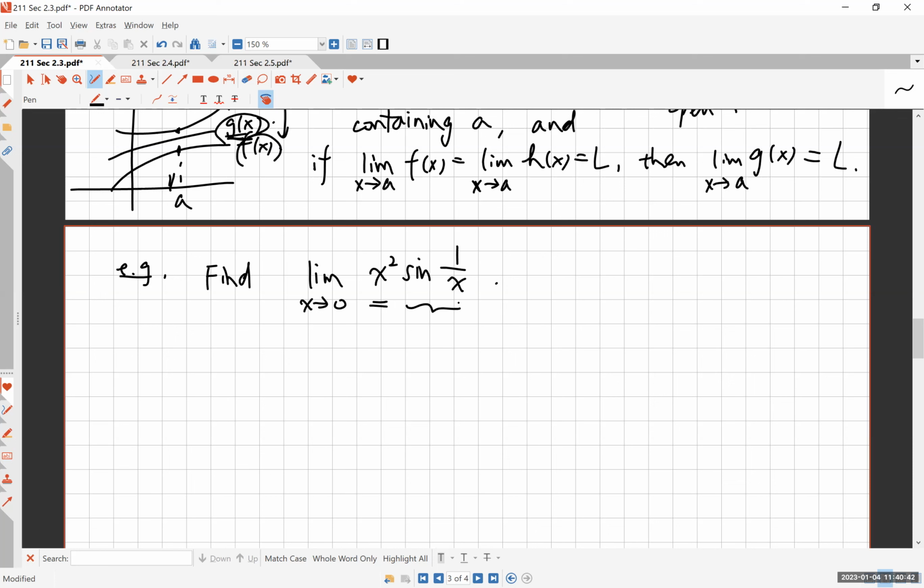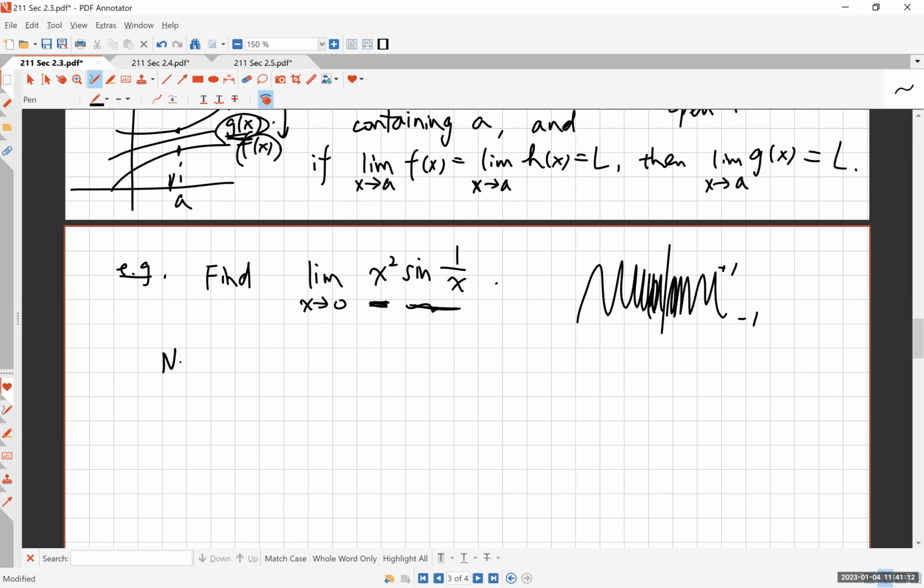Now remember this evil function, the sine of 1 over x, that's the one that kind of oscillates between +1 and -1 as it approaches 0. And so the limit doesn't exist here. But this thing is going to try to make this smaller and smaller. Okay, so I'm not going to give you the answer to this question immediately, but think of a function that is smaller and bigger than this.